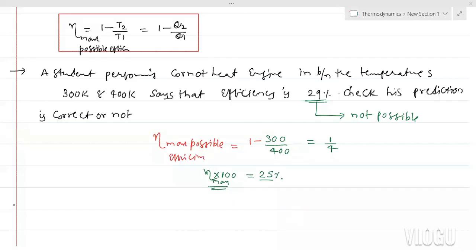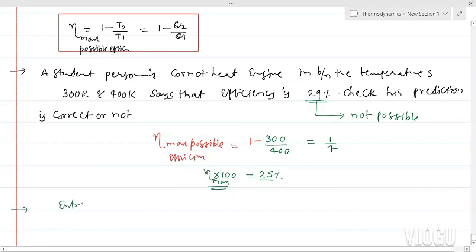Okay, we have some more discussions also. We have entropy.